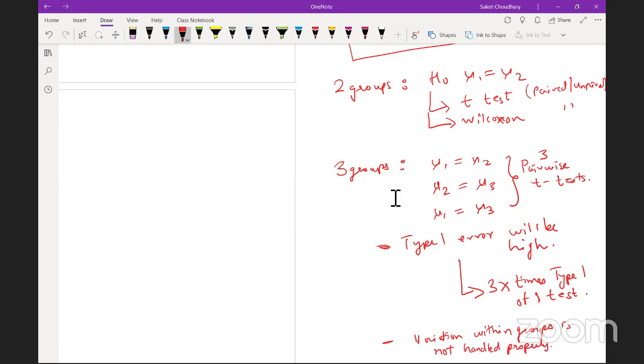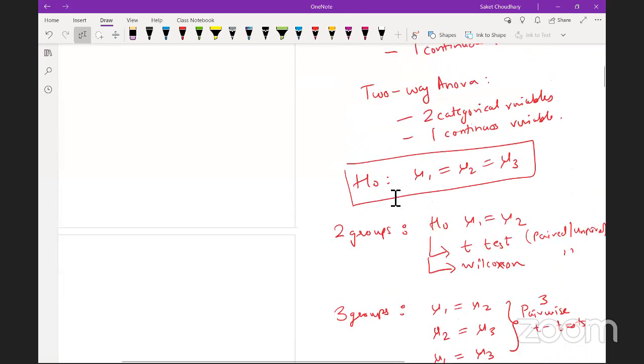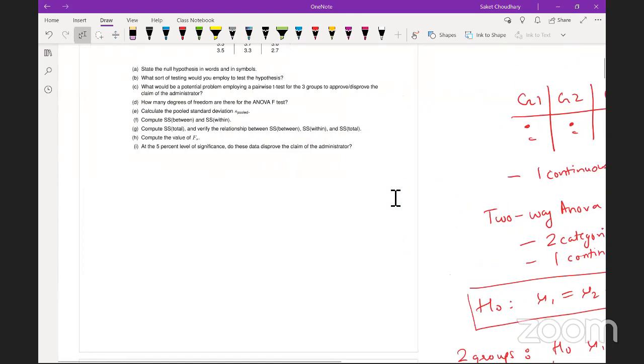Okay, the reason it's not handled properly is because you're looking at only two groups at once. So that was a quick overview of what we are going to do.